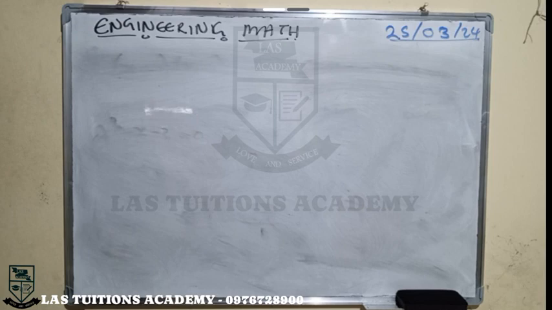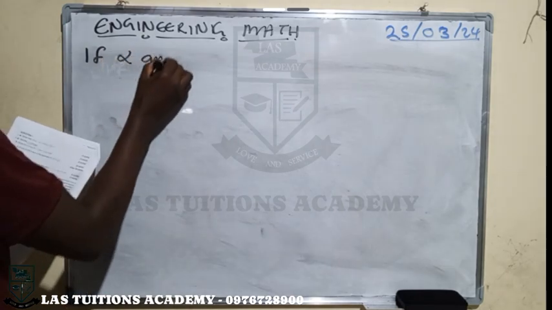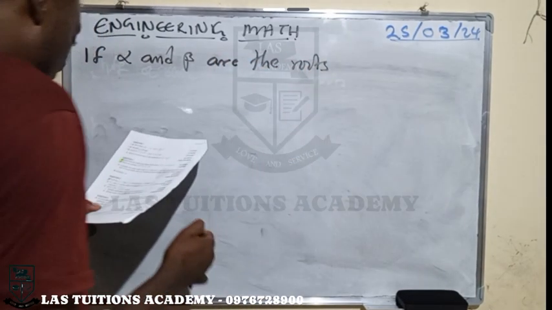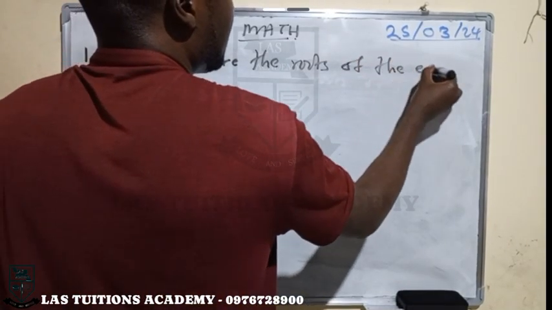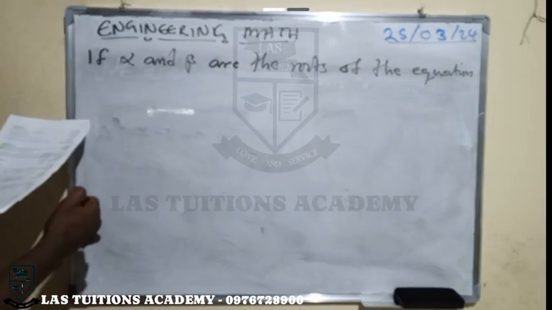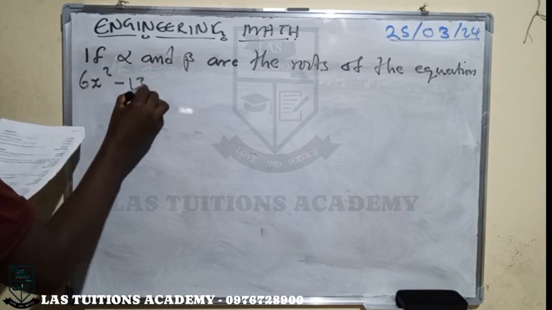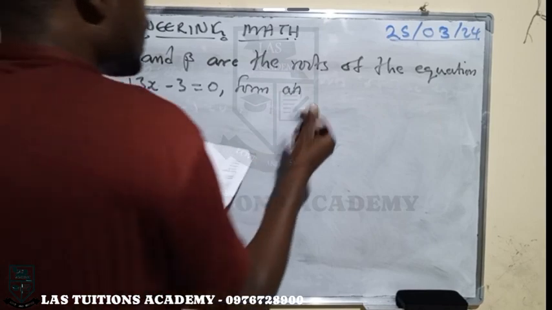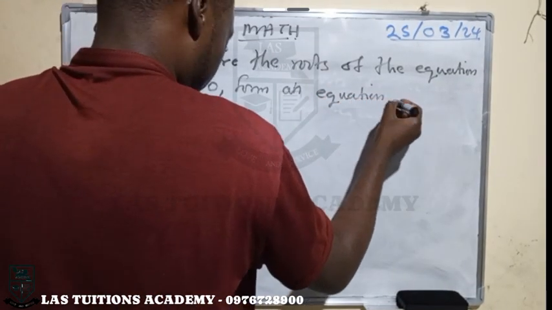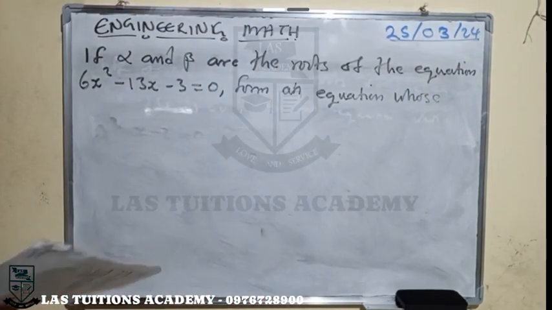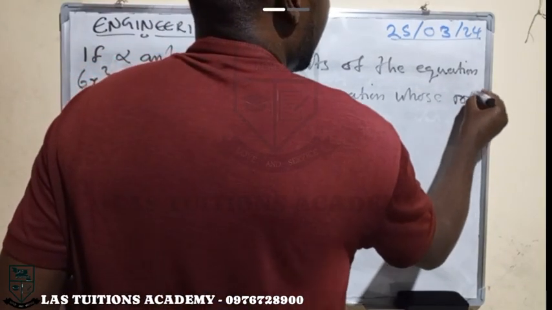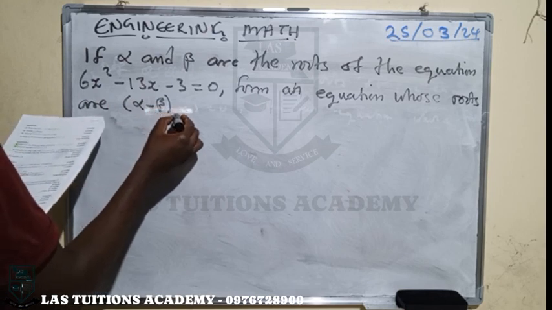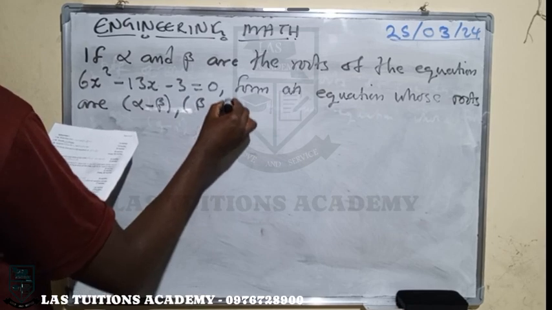It says if alpha and beta are the roots of the equation 6x squared minus 13x minus 3 is equal to 0, form an equation whose roots are alpha minus beta, beta minus alpha. Okay, so we have that question there.